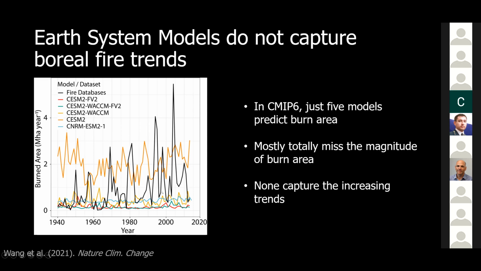The majority of them don't capture the magnitude at all. They're off by, I don't know, a factor of 5 or 6. And the one that happens to be in the same order of magnitude doesn't capture the trend. There's this increasing incidence of big fire years, and CESM2 is just flat, stationary across this. We'll leave it up to the Earth system modelers to figure out the processes, but we just noticed that the trends are not being captured in the burn area.